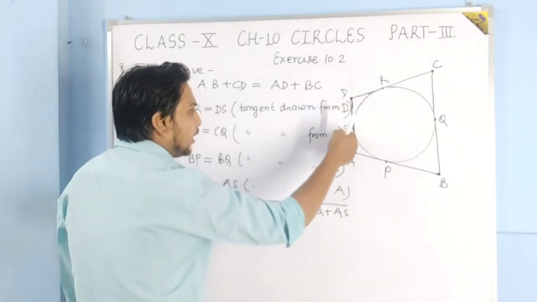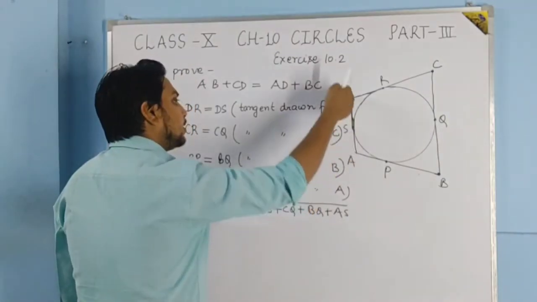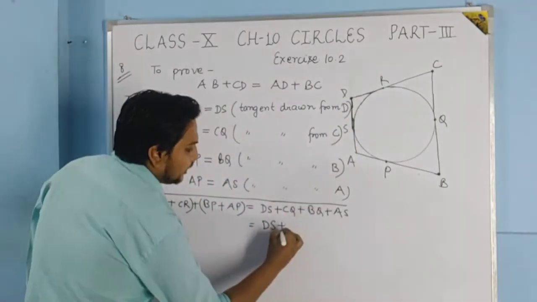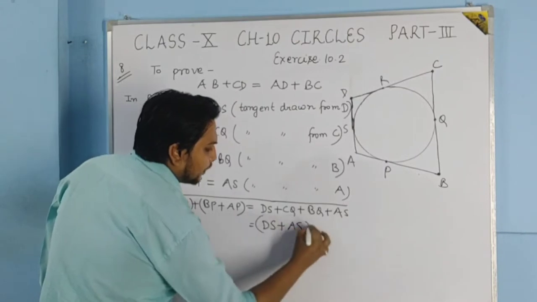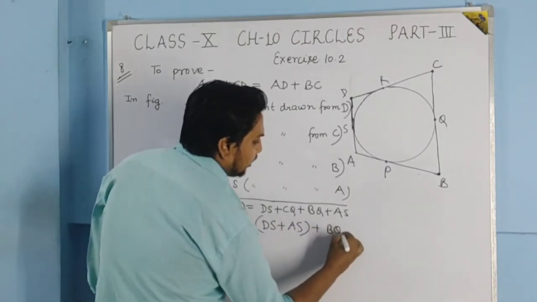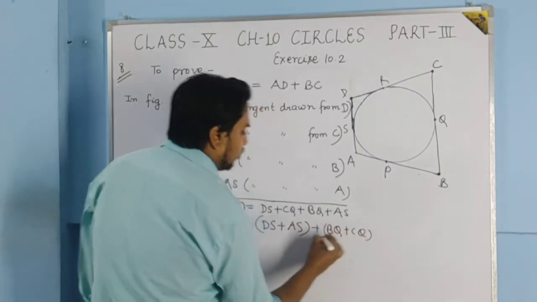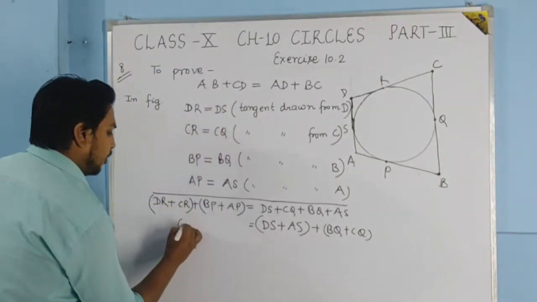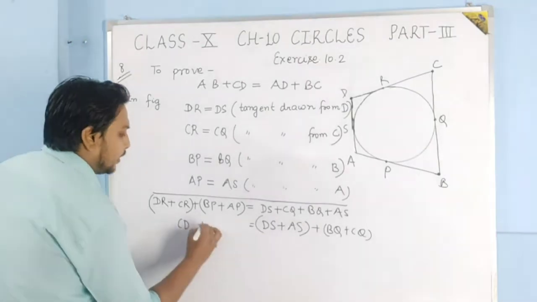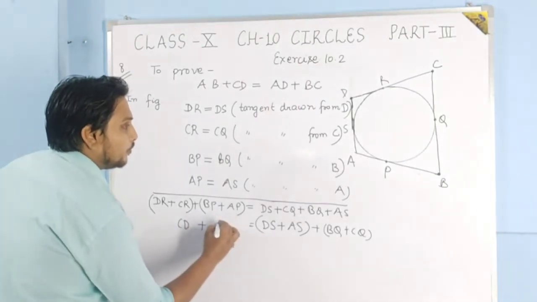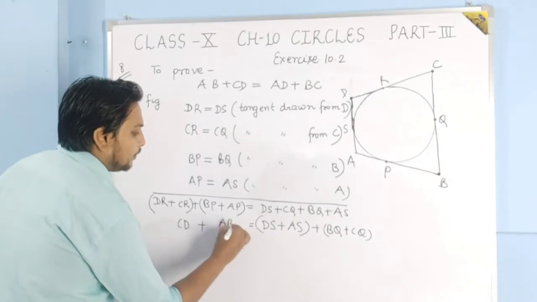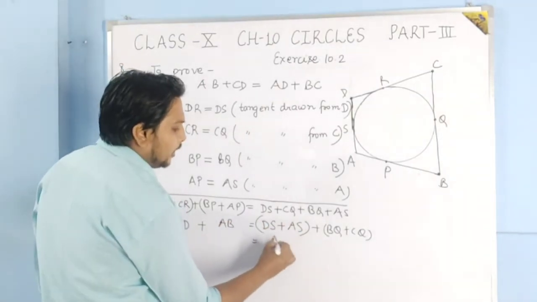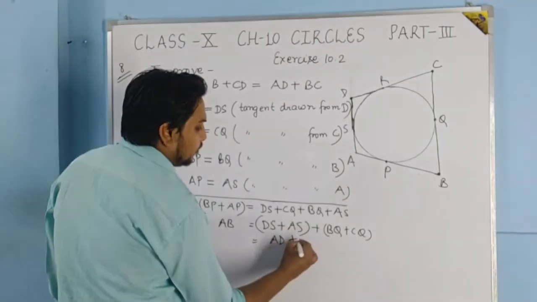When DS is added to AS, it will make the whole line AD. So here we'll write DS plus AS together and BQ plus CQ together. Here DR and CR will form the line CD, and BP plus AP will form the line AB. And here DS plus AS will form the line AD, and BQ plus CQ will form the line BC.